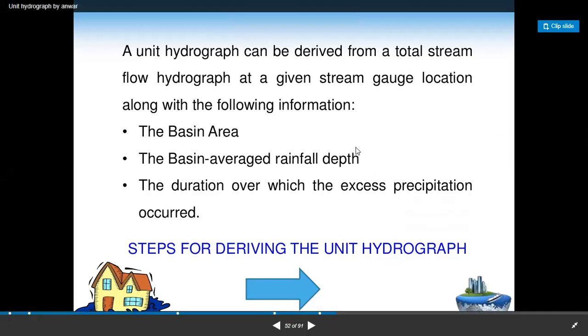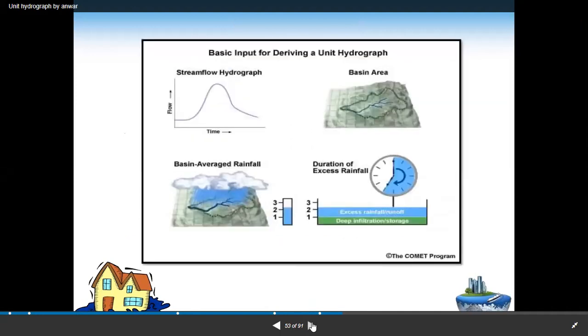Okay, guys. Here are the steps for deriving the unit hydrograph. This is the basic input for deriving a unit hydrograph: stream flow hydrograph, flow versus time, basin area, basin average rainfall, the duration of excess rainfall, and the deep infiltration losses.